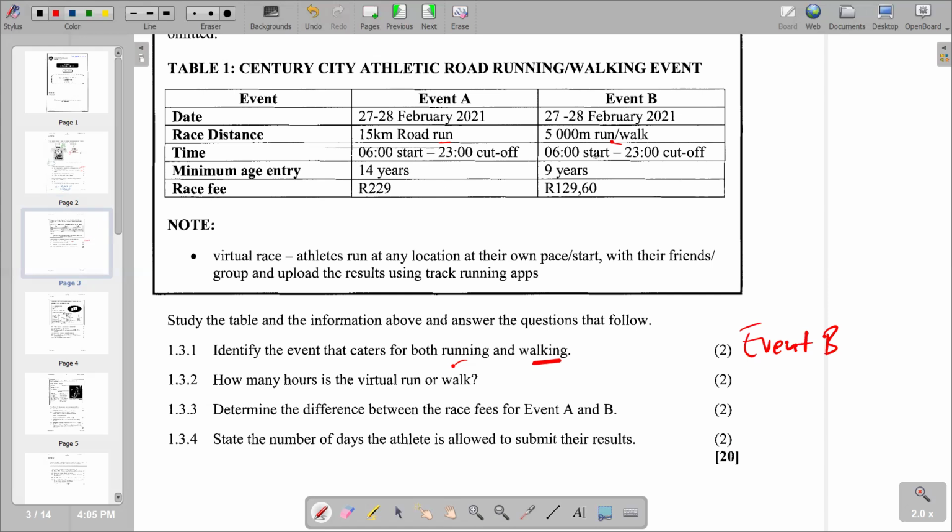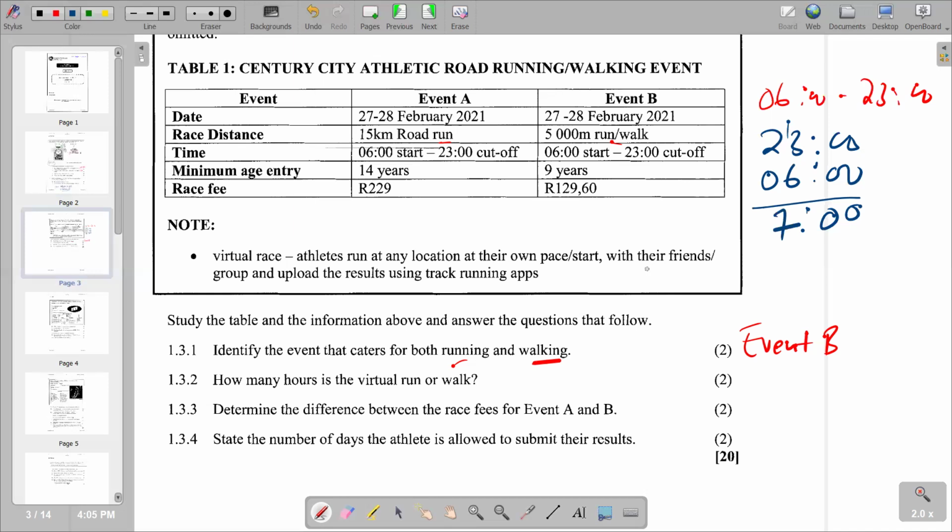So we can make a calculation by saying 2300 minus 0600. If you say 13 minus 6, you get 7, and then you get your 17. So it's going to be 17 hours and 0 minutes. So our response here is 17 hours.